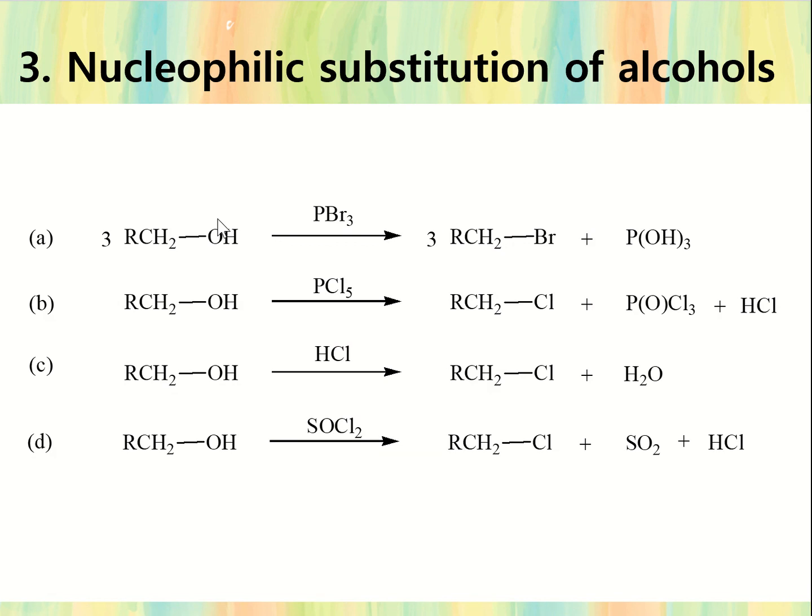So here we have alcohol, and we have various halogenated species here: phosphorus tribromide, phosphorus pentachloride, HCl, etc., and thionyl chloride. And we are replacing, or substituting, I should say, our alcohol with our halogen seen here.